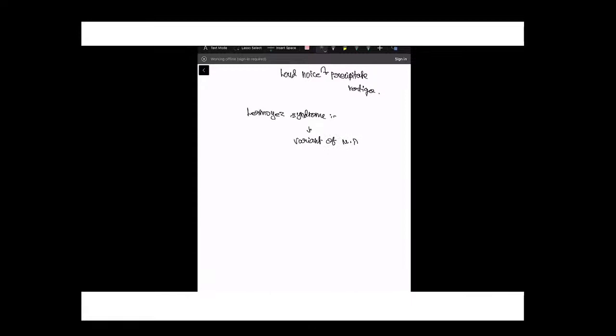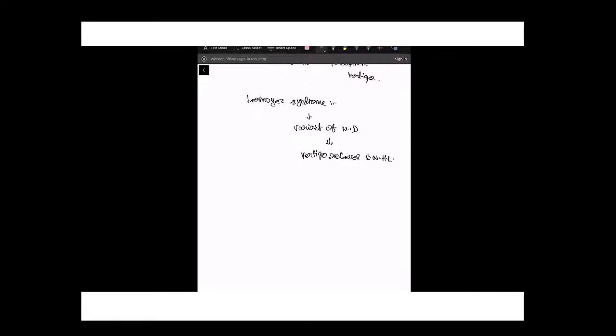Here vertigo relieves the sensorineural hearing loss.